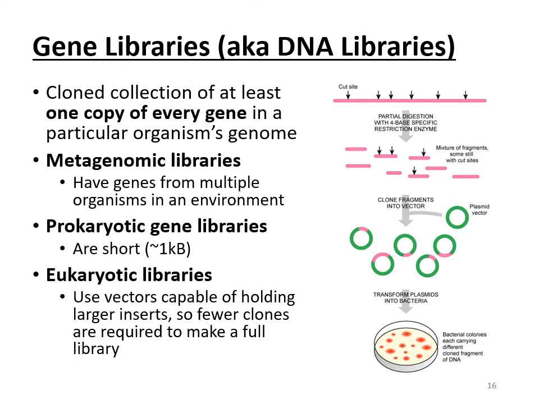So as you see in this figure here, we can take an organism, let's say a bacteria's entire genome, so every gene it has, and what we do is we chop it up and each piece ends up in a plasmid. And then we do transformation and you get a single plate that has all of the genes of that bacteria's genome represented in that single plate.